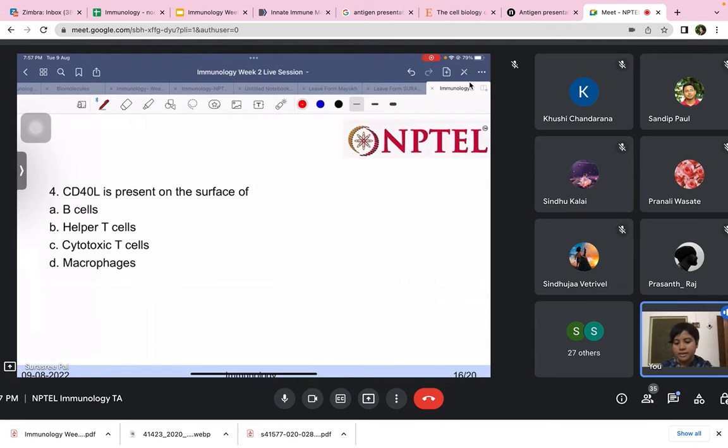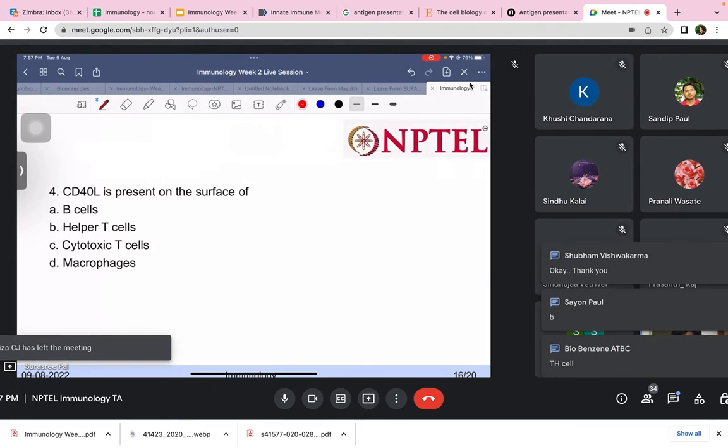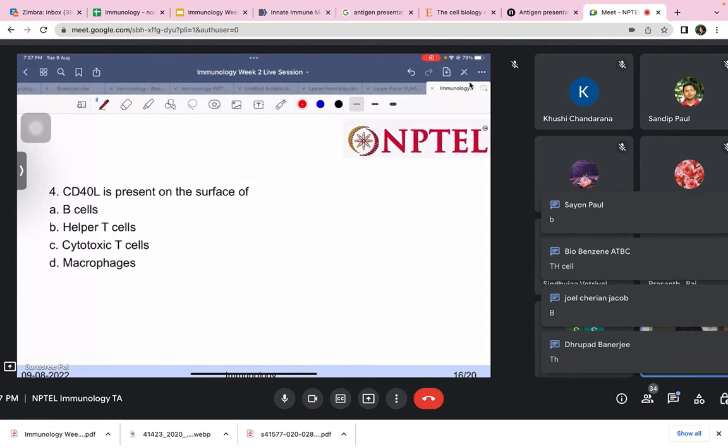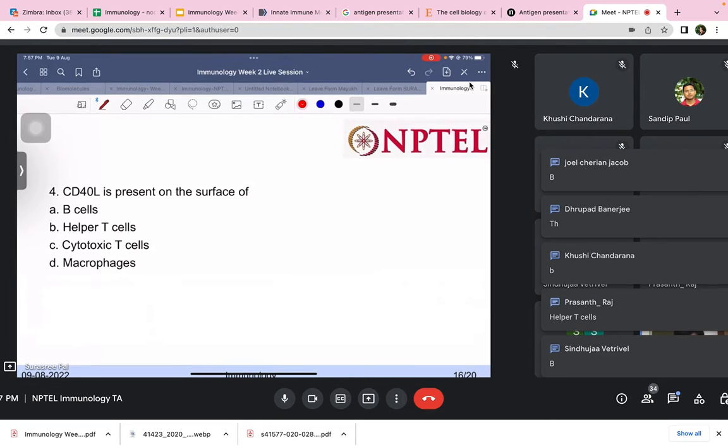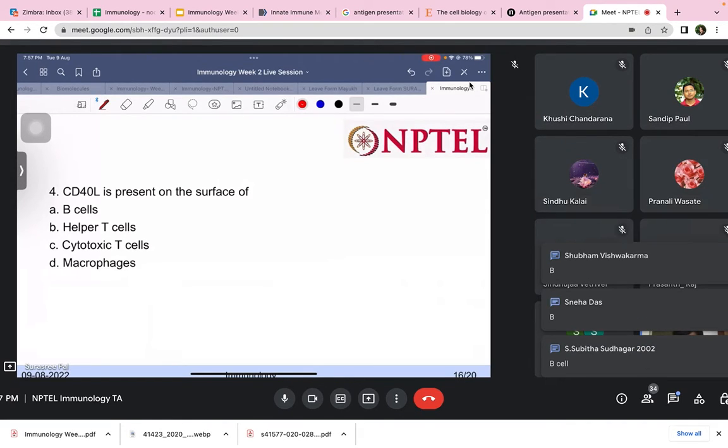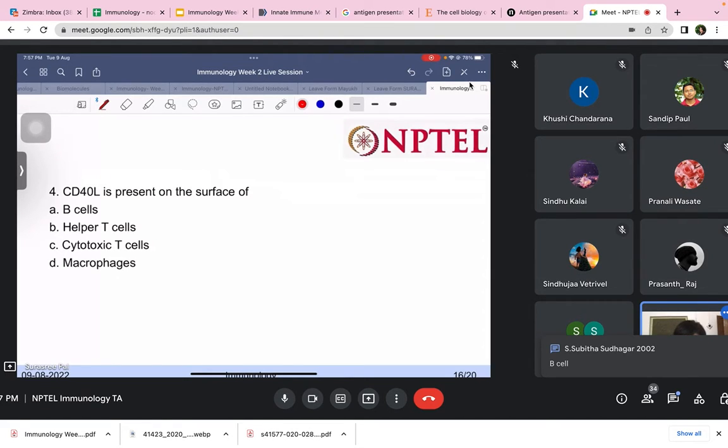Alright, next question. CD40L is present on the surface of which cells? Most of you are answering correctly. One answer was B cells. That is wrong.